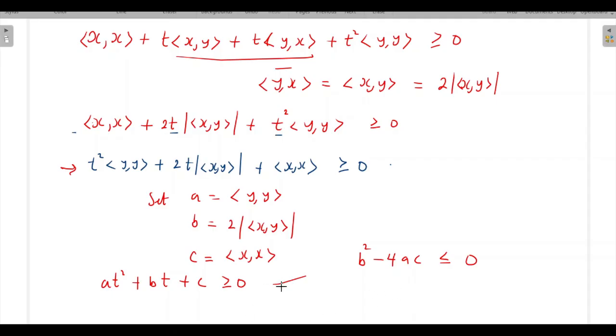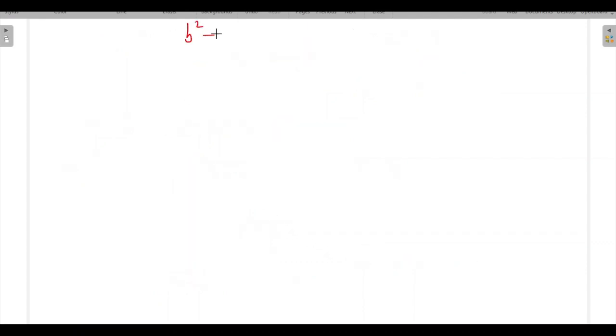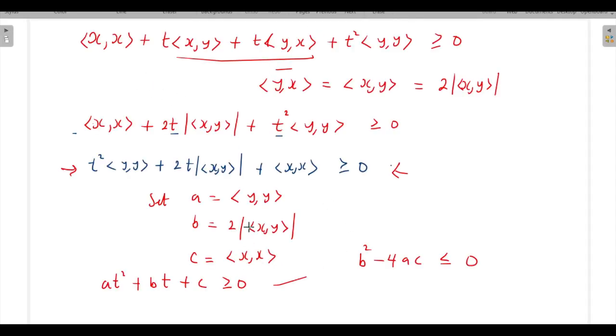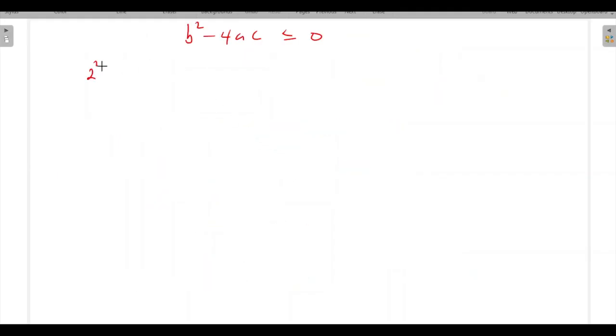If we use the same idea here, we have b squared minus 4ac less than or equal to 0. And don't forget that my b is 2 into the absolute value of x, y. So I have 2 squared times the absolute value of x, y squared, minus 4 times a, which is y, y, and c, which is x, x, less than or equal to 0.